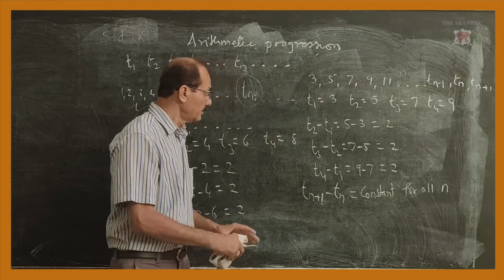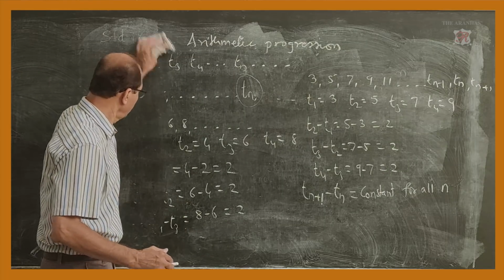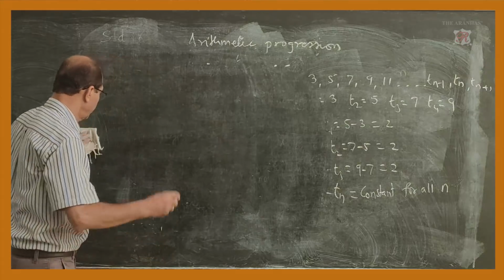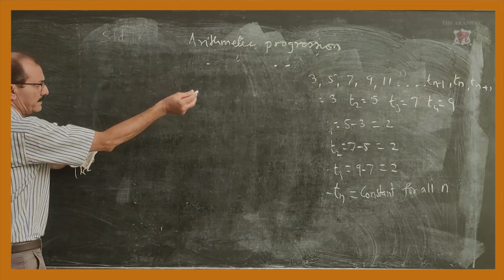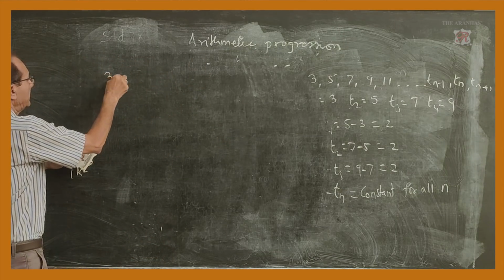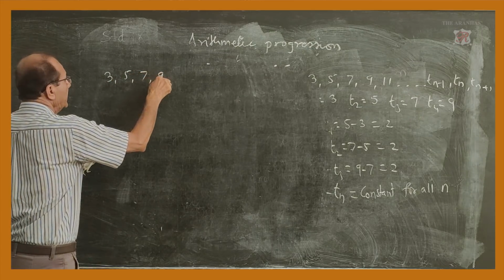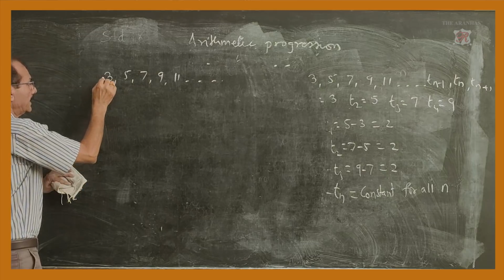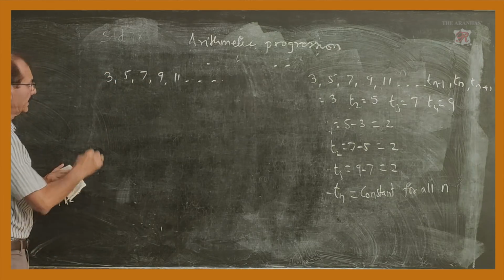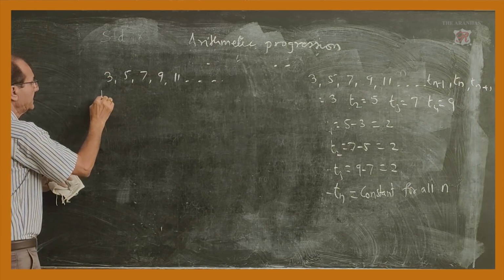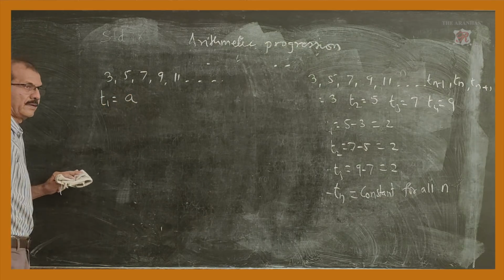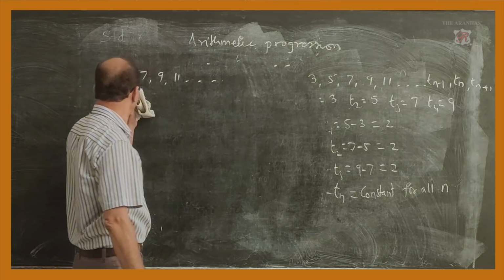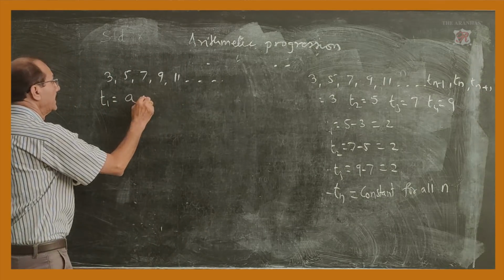Right? Now, here, for example, take one example, say 3, 5, 7, 9, 11 and so on. Now here, the first term I am denoting by the letter A. My A is the first term of the sequence.